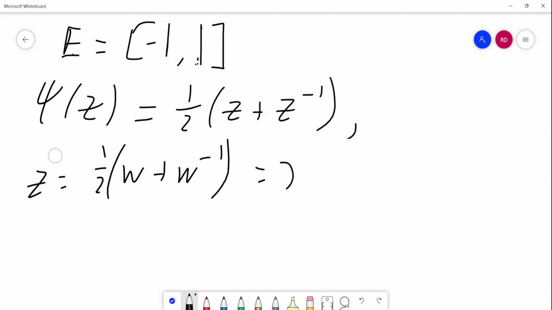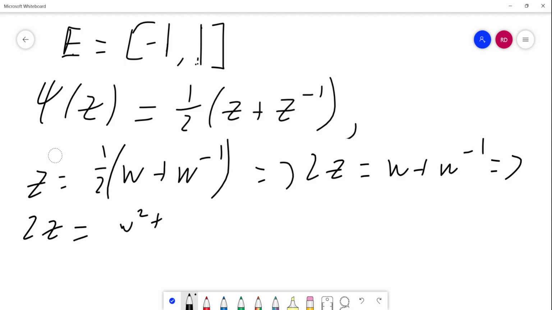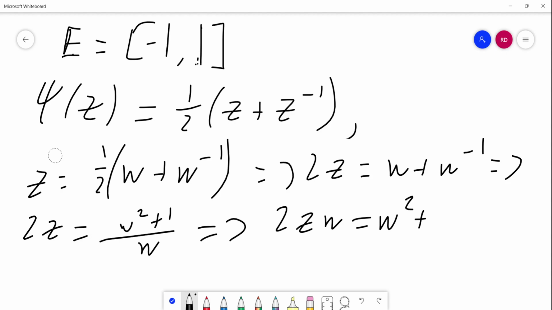Multiplying on both sides, 2z equals w plus w inverse, or 2z equals w squared plus 1 over w, which would imply 2zw is w squared plus 1, or 0 equals w squared minus 2zw plus 1.